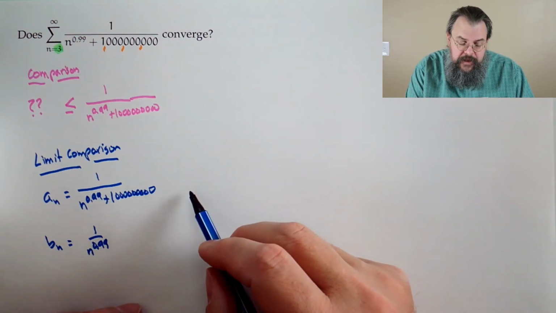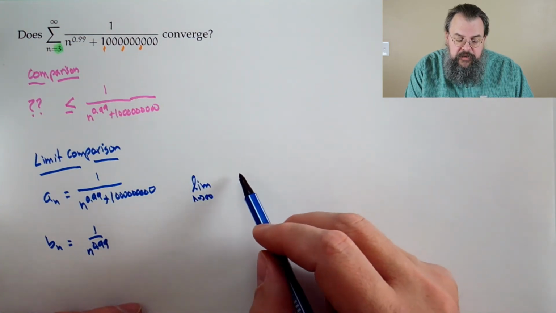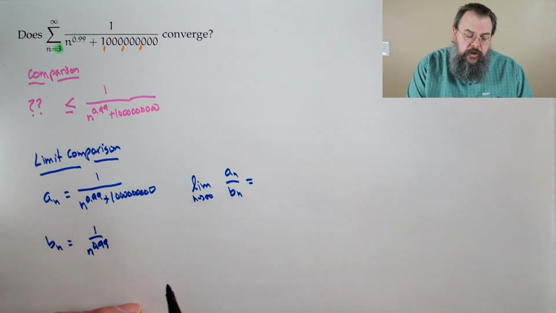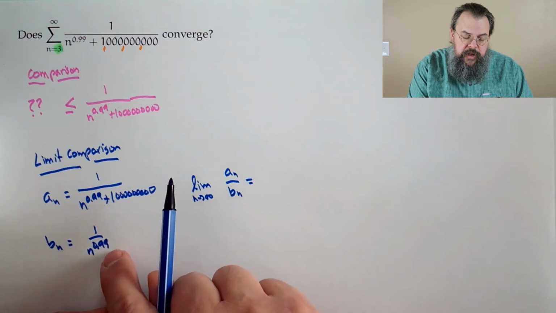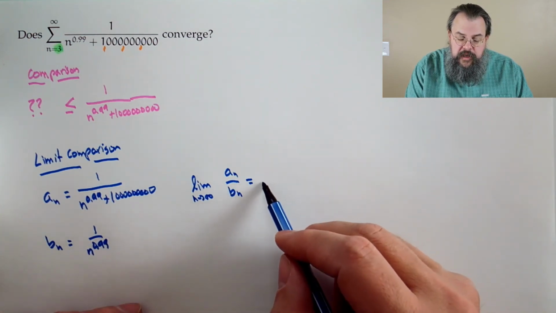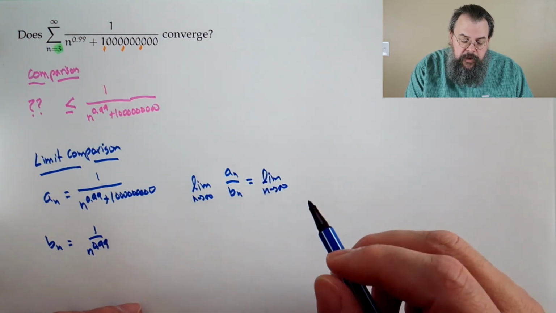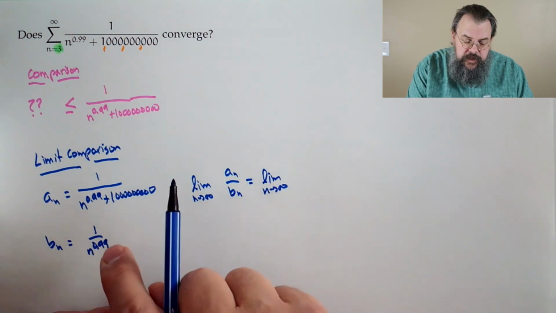Now, take a look at the limit as n goes to infinity of a sub n over b sub n. Well, what's equivalent to having done this, pulling out the lower order terms? It says, well, one way you can think about it, all right, let's just do it here.